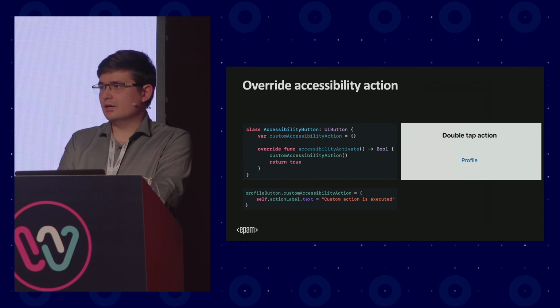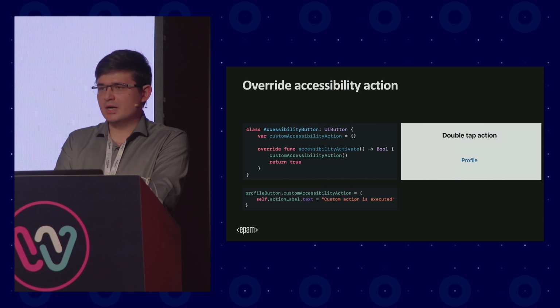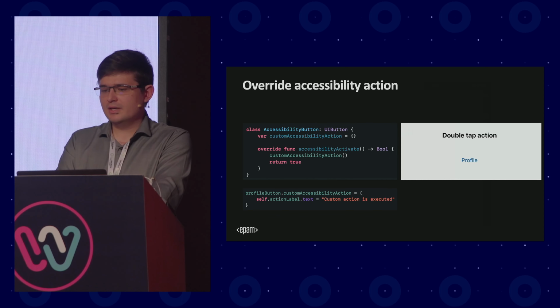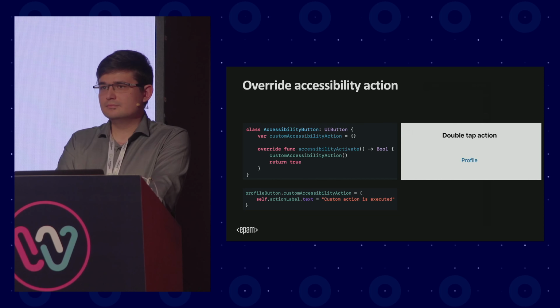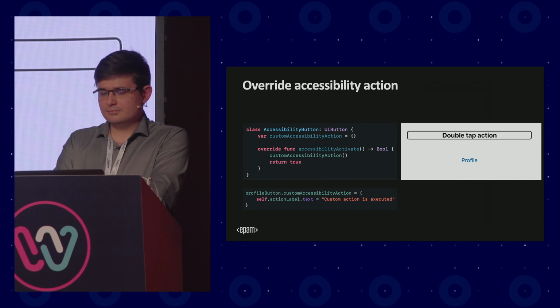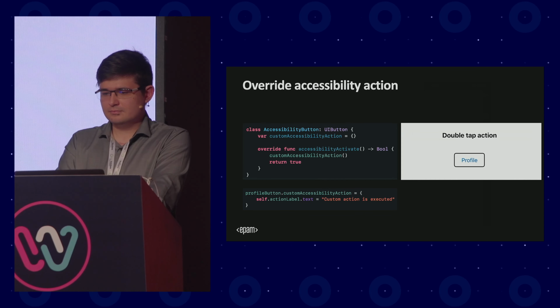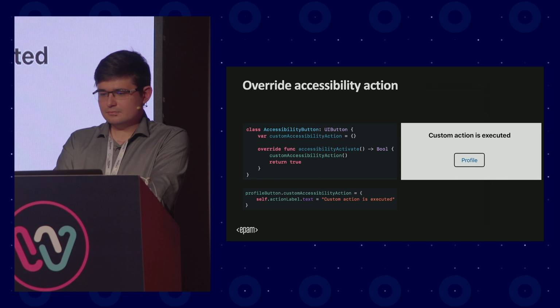So first, on the example, I'm going to tap the button without VoiceOver, then I turn it on and execute the double tap gesture on this button. Let's see. VoiceOver on, at profile, button, profile.